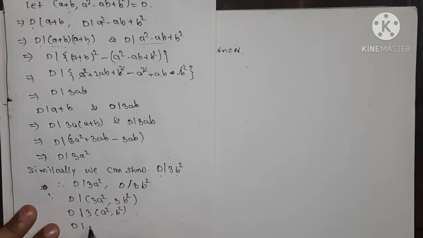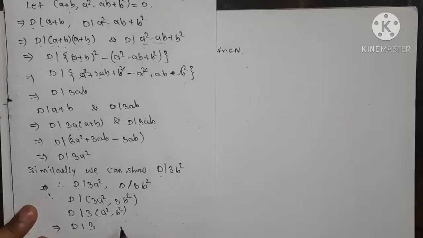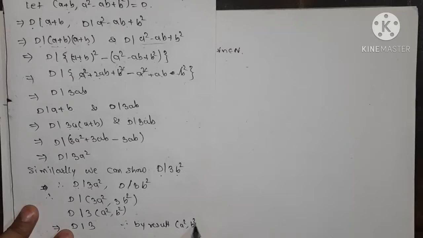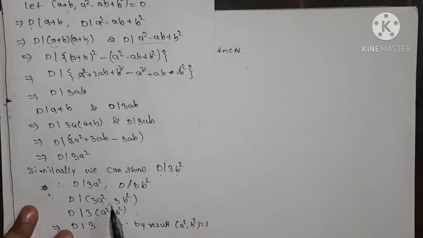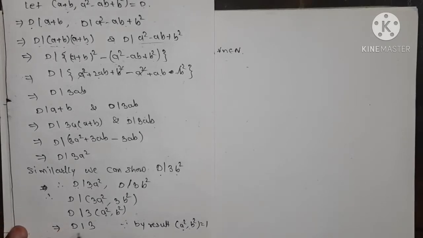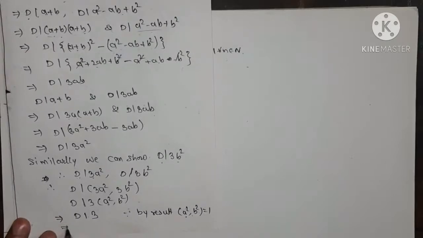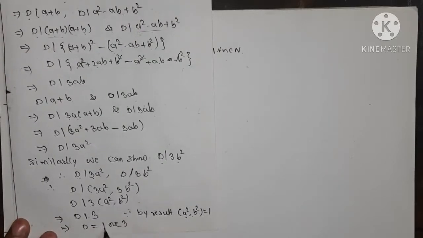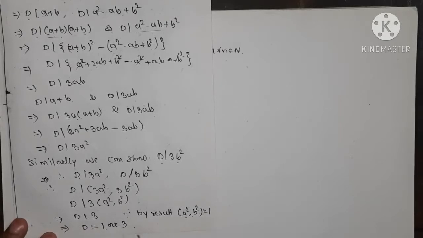Therefore this implies D divides 3, since by the result GCD of a square comma b square equals 1. As the GCD of a comma b equals 1, therefore GCD of a square comma b square is equal to 1. So D divides 3. This implies D is equal to 1 or 3. Because D is a GCD, therefore D is either equal to 1 or 3.